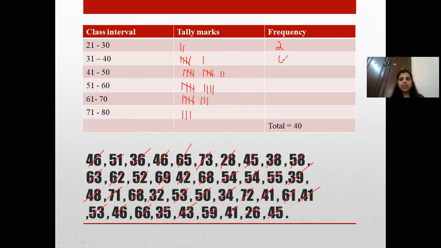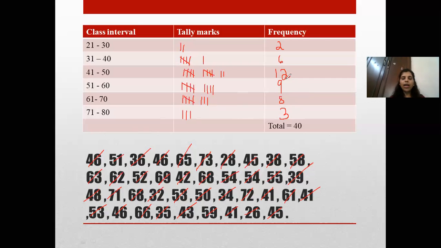Then it is 6. Then 12, because 5 plus 5, 10, and 2, 12. This is 5, 6, 7, 8, 9. So 9 over here. This is 8. And over here it is 3.